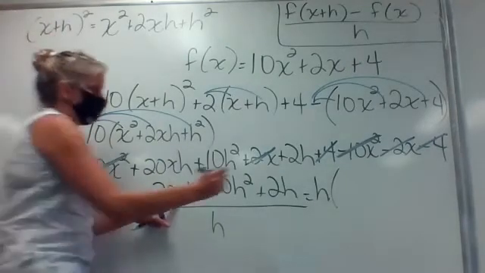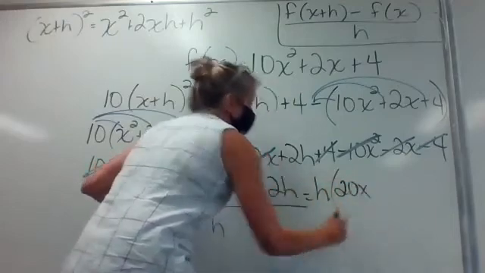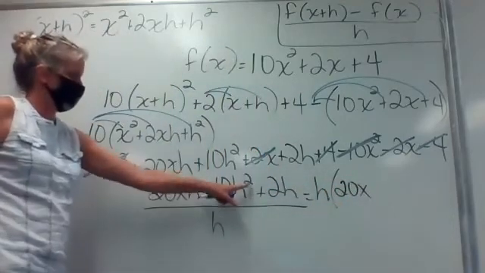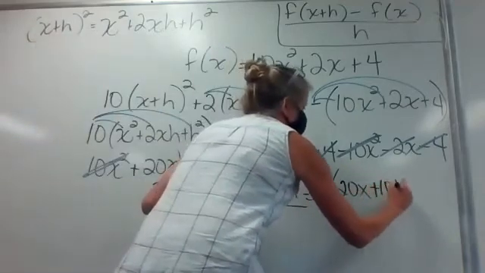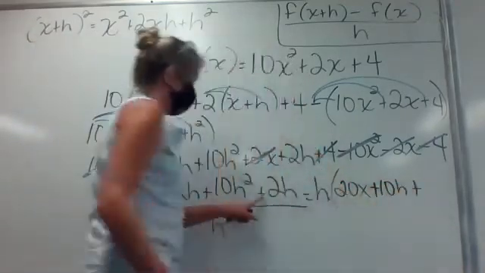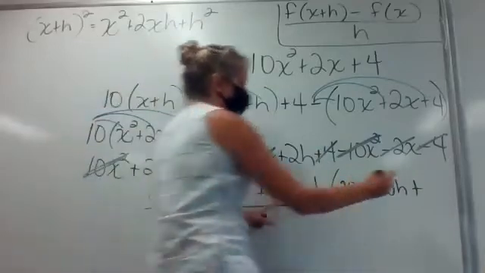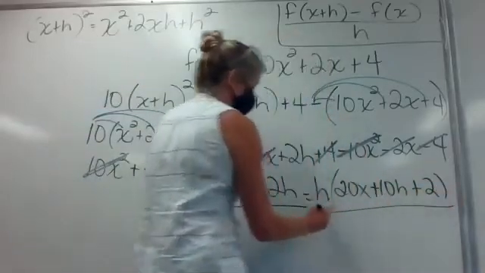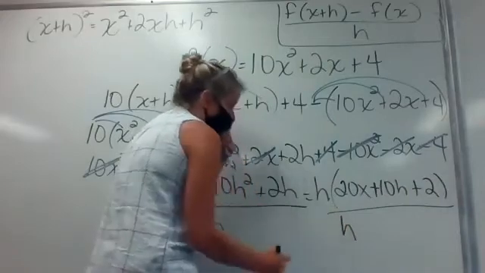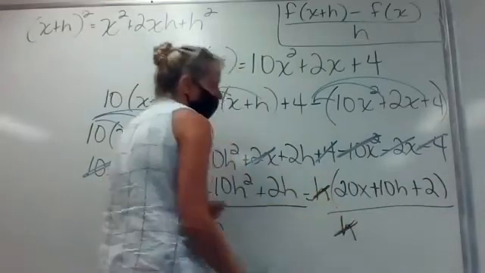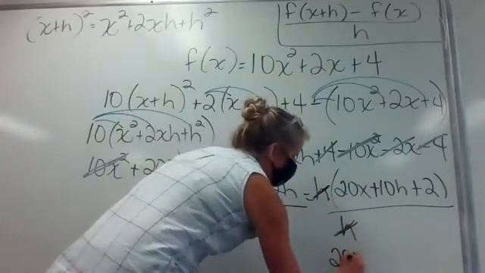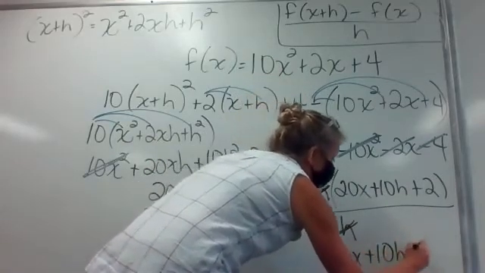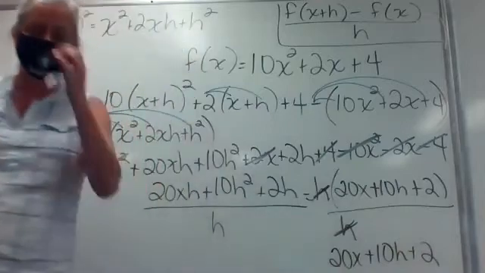So this one will just be 20x plus, this one loses an h, so it'll just be 10h. Plus, this one loses its h, so it'll just be 2. And again, I'm just bringing over that h in the denominator, so the h is canceled. So you're just left with 20x plus 10h plus 2.